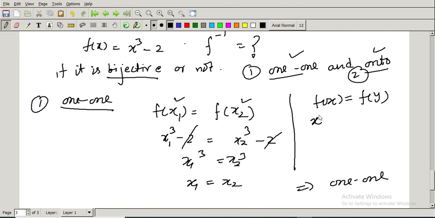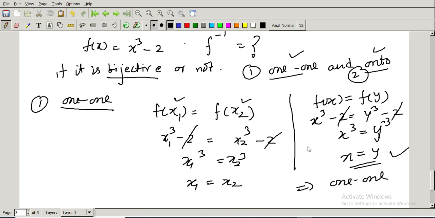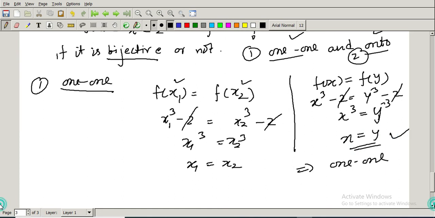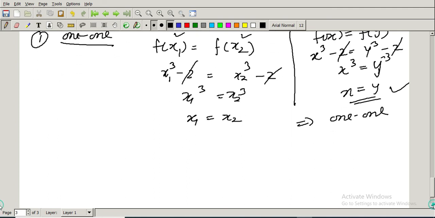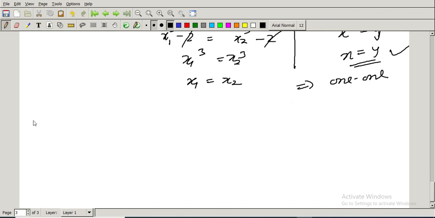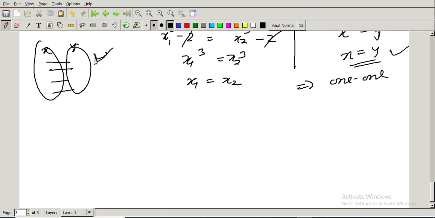So we write x cube minus 2 and y cube minus 2, and the 2 will be cancelled. Then x cube is equal to y cube, which means x is equal to y, so we can say that it is one-one. Either of the ways you can prove it.